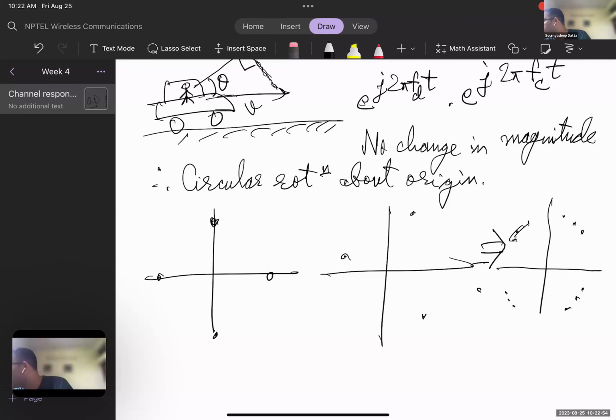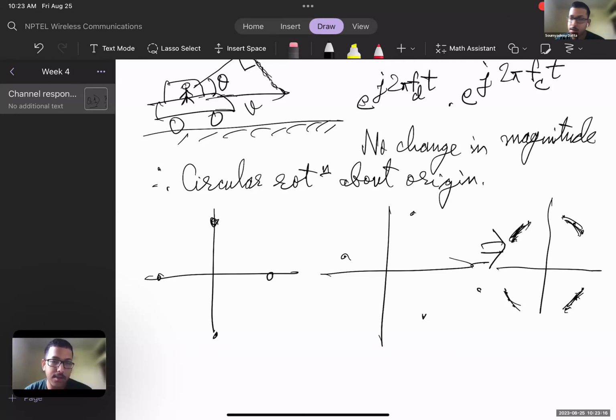So this is how your symbol will typically look, at exactly the same distance from the origin, but rotated. And if you add up all these rotations, you will get a circular arc. I hope this makes sense.